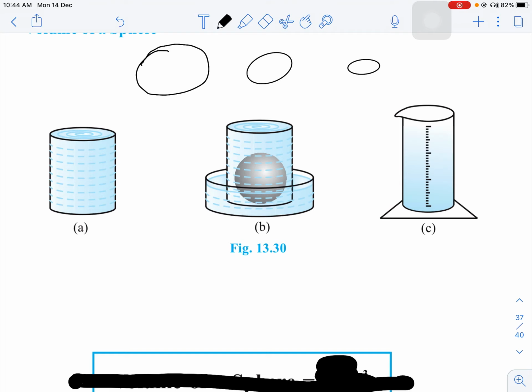Now we consider that the radius of this sphere is r. Then we have to calculate one value, that is 4 upon 3 pi r cube.